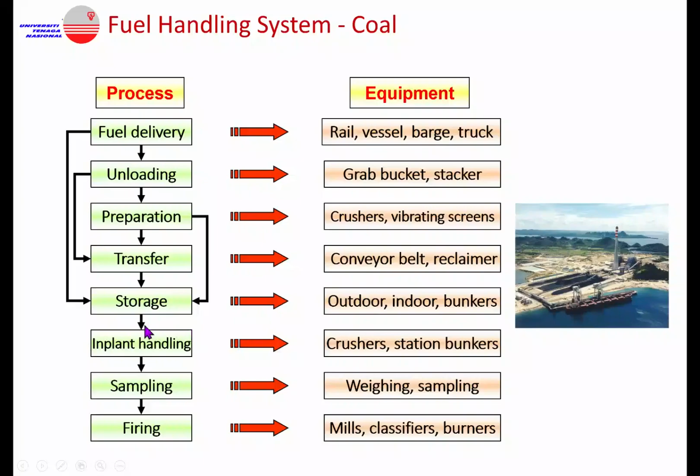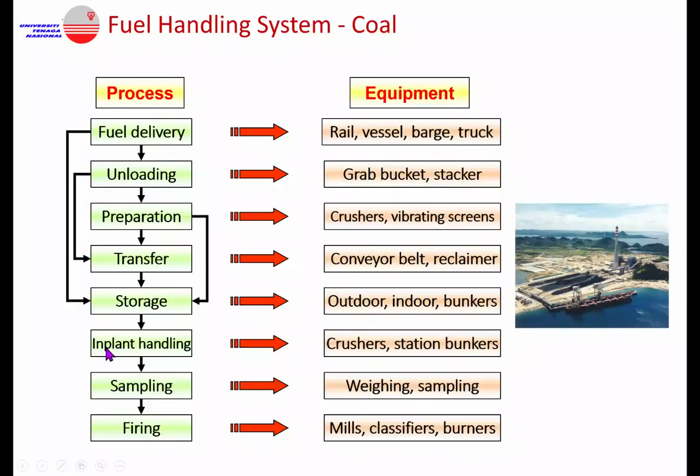After the storage, whenever it is needed, you can transfer the coal from the coal yard to the boiler. For example, it has to go through a pulverizer mill, where you crush it. We call that in-plant handling.